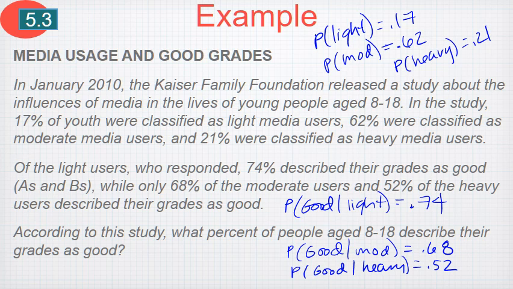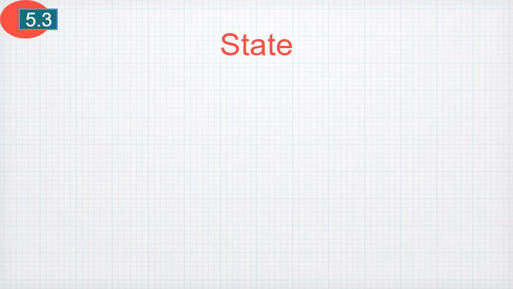So I tend to write these as I go. The most confusing part for me is figuring out what the problem is actually trying to tell me. So then it says, according to the study, what percentage of people aged 8 to 18 describe their grades as good? This looks like a big problem, and a big problem calls for a 4-step plan. That's right, state, plan, do, conclude. So that's what we're going to do.